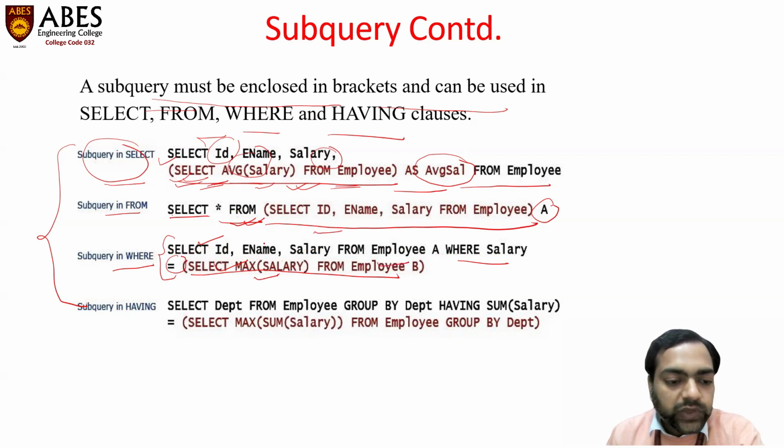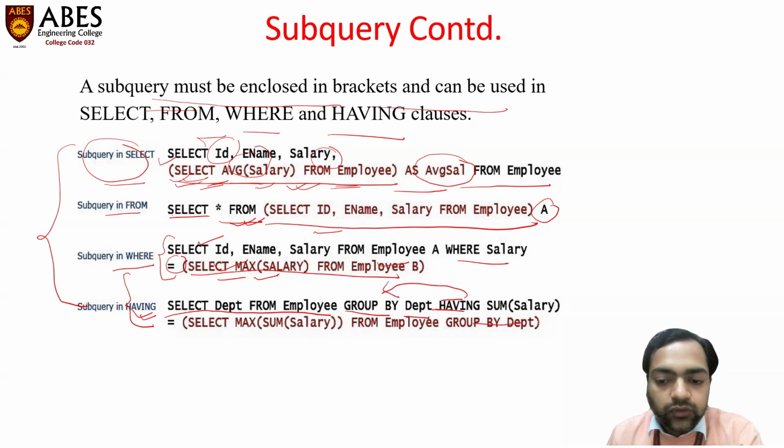Okay. Now, this subquery can also be used in the having clause, in which group by clause. So how can we use that? Here we have select department from employee. After that we have used group by department, and after that this having clause. Having clause is the condition applied on the group by, right?